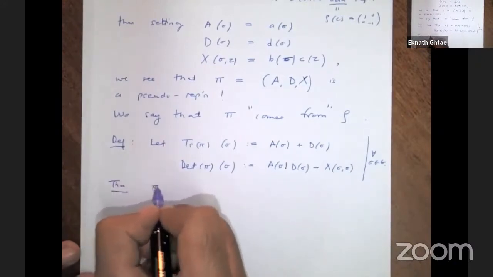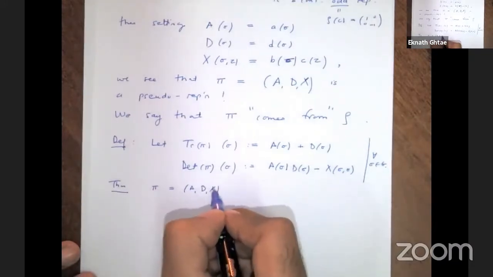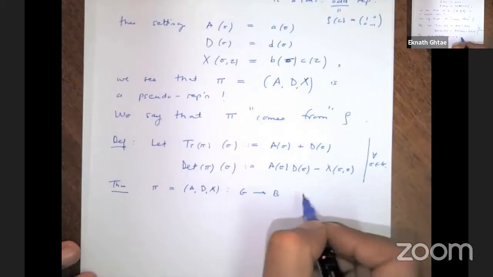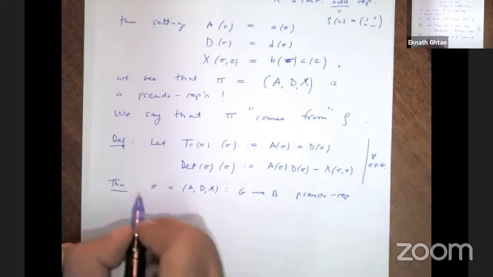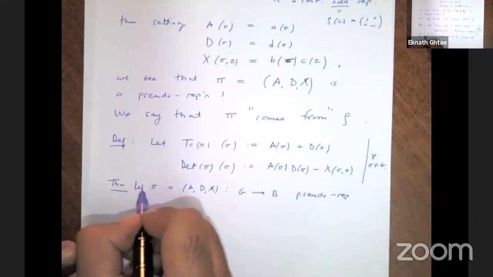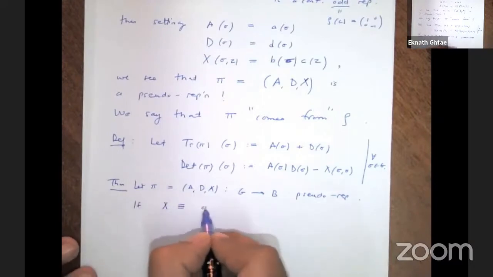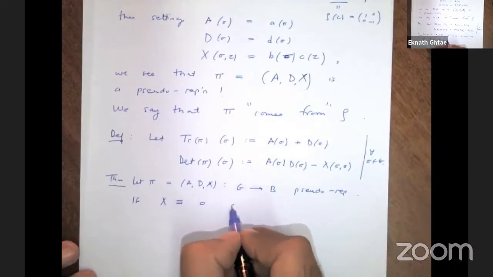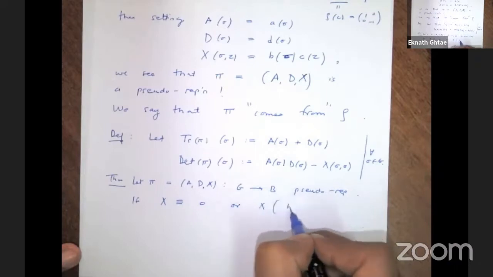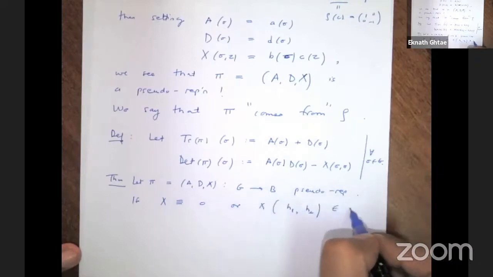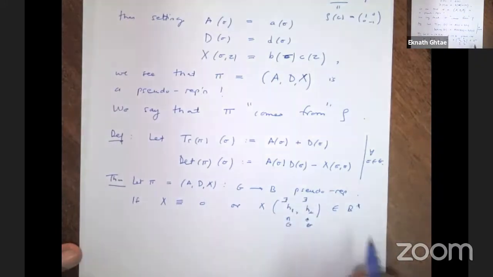Okay, so with this, I can finally state some nice theorems and corollaries of them. So here is the first theorem about pseudo representations. If you have a pseudo representation to a topological ring, an abstract one, suppose one of two conditions holds: the x function is identically 0, or if it's not 0, assume that it's a unit on some Galois elements, so there exist H1 and H2 in G such that it's a unit.